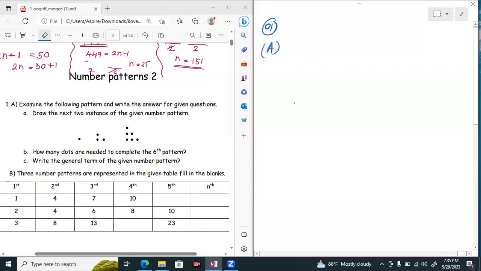To draw the next two patterns, what can you identify, what is this number pattern? Triangular number. Very good. This is the triangular number pattern. This is the number pattern next to the given one. Then the next one should be drawn like this.